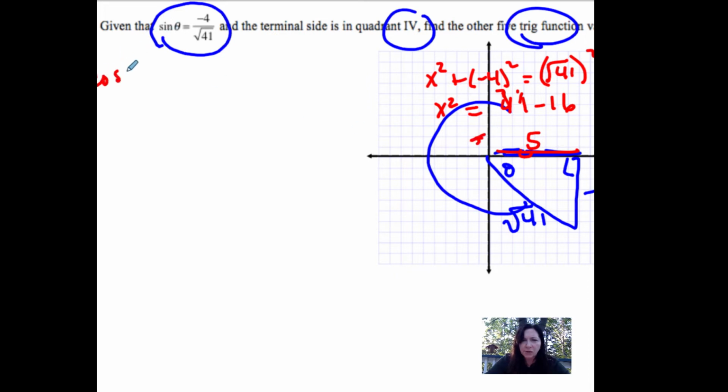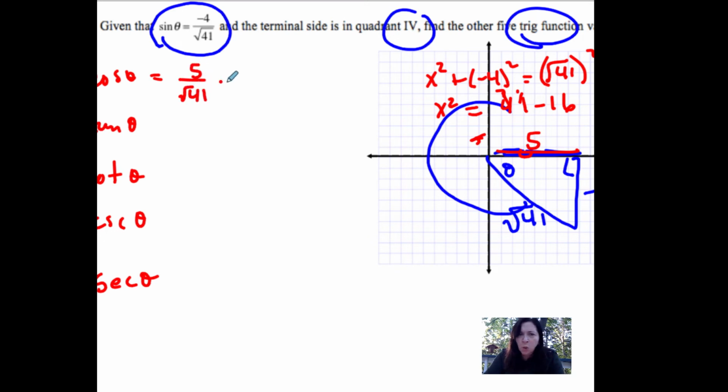Okay, so we know sine is that, so we're going to find cosine, tangent, cotangent, cosecant, and secant. So cosine is going to be adjacent over hypotenuse, so 5 over the square root of 41, or 5 root 41 over 41. Tangent is opposite over adjacent, so -4 over 5.